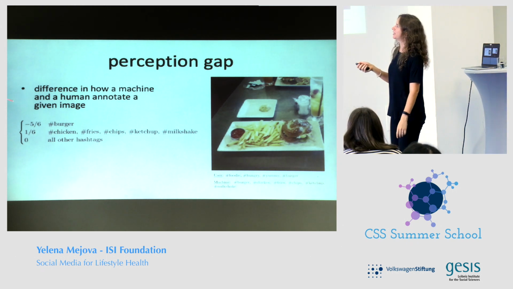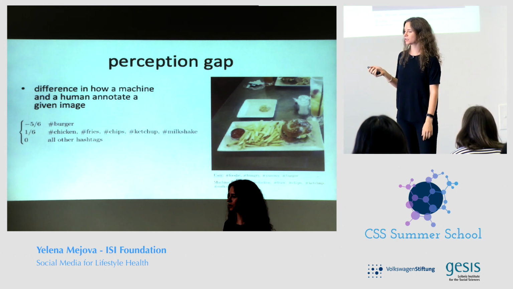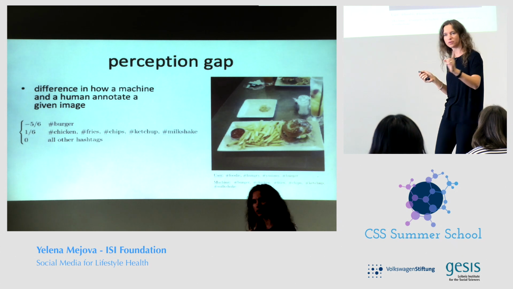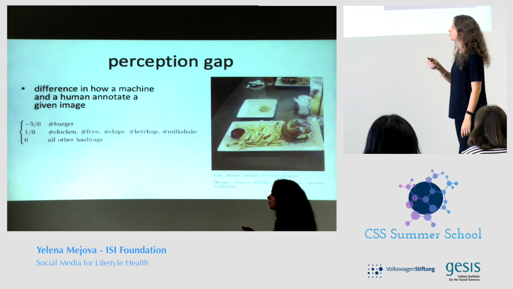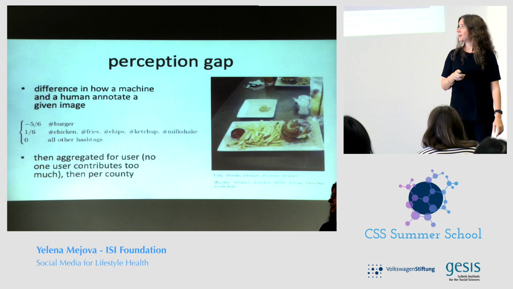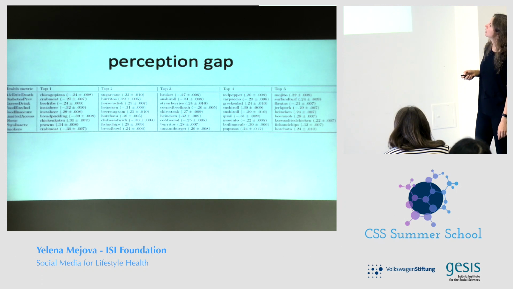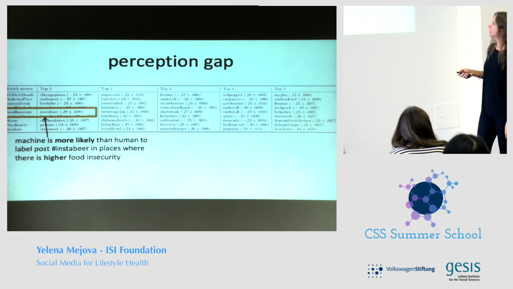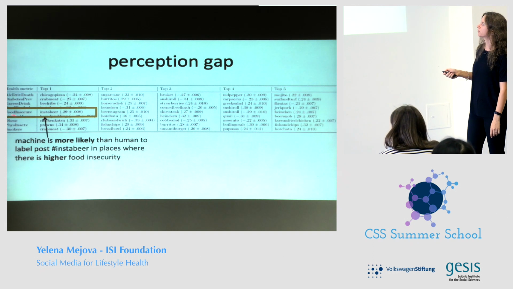And then they made some sort of scoring. So if you mentioned something and the computer did not see it, or the computer mentioned something and you did not, there's also a score. And then you can see, this is not very readable, basically what kinds of foods are related to some kinds of health outcomes. For example, food insecurity.